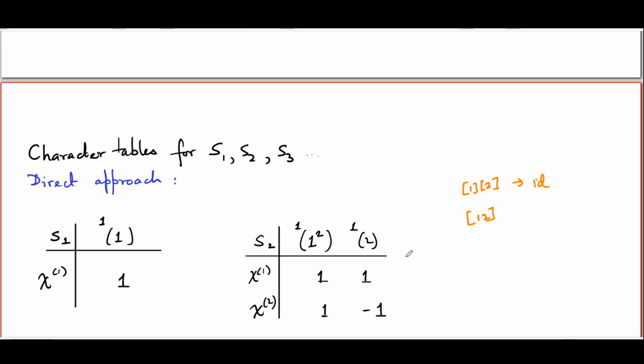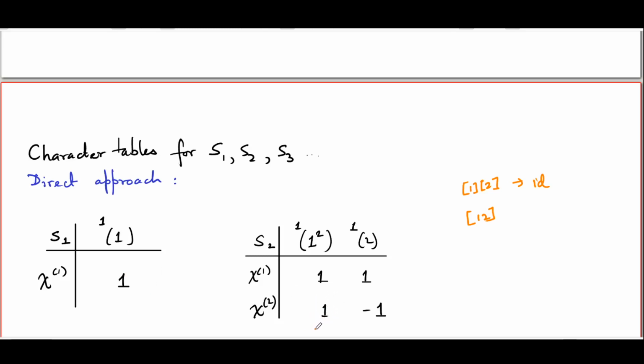Now, two classes, hence two irreducible representations, two sets of rows in the character table, of which chi1 is simply the identity where every one of the elements gets represented by 1. The other one is also an example of a one-dimensional representation which every Sn has, except that for S1 it happens to coincide with the identity representation.